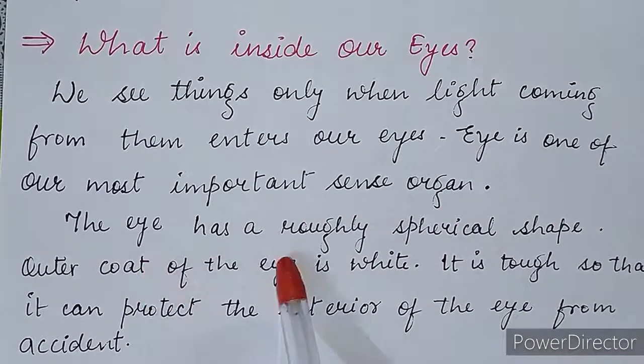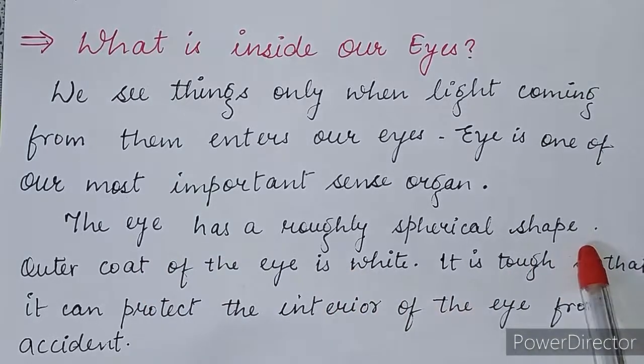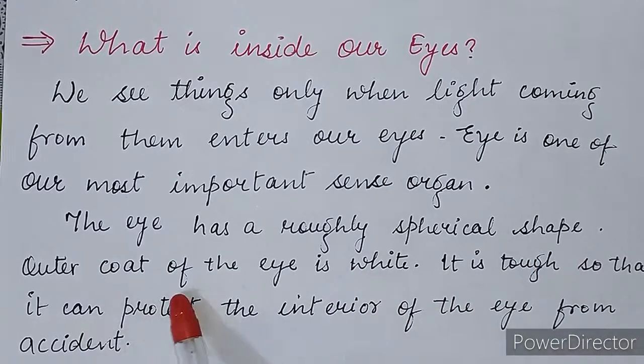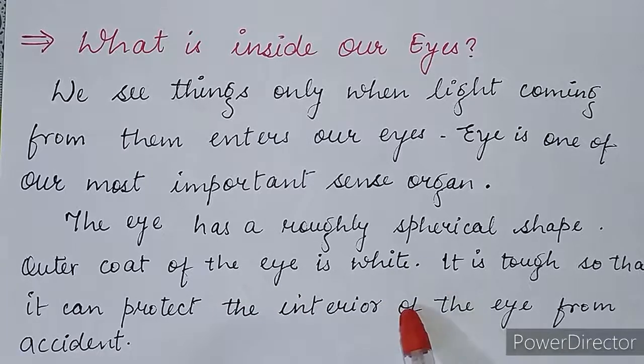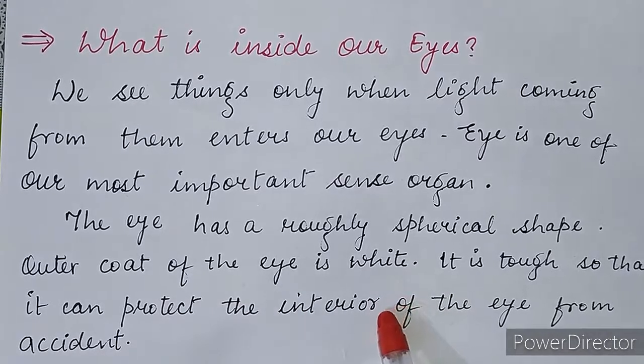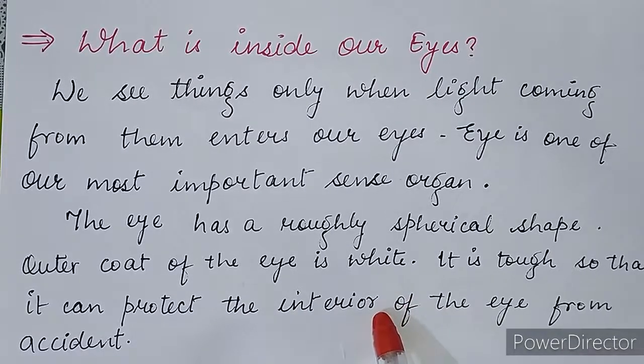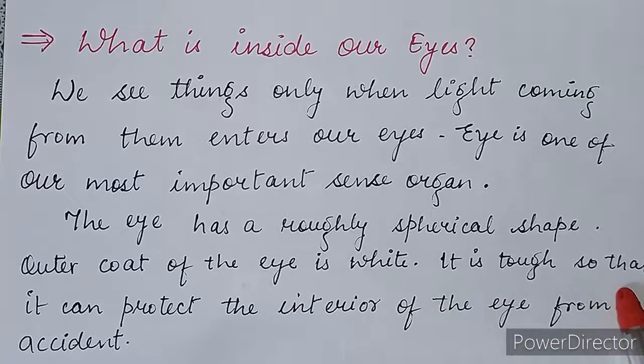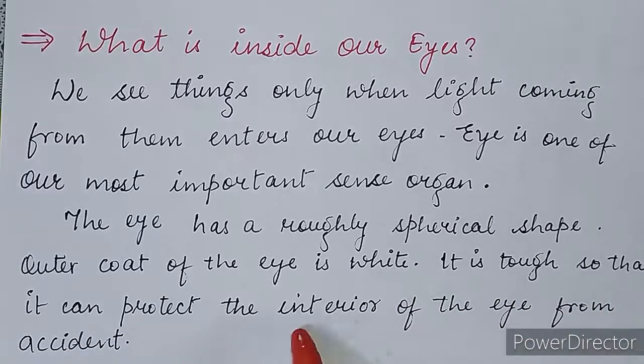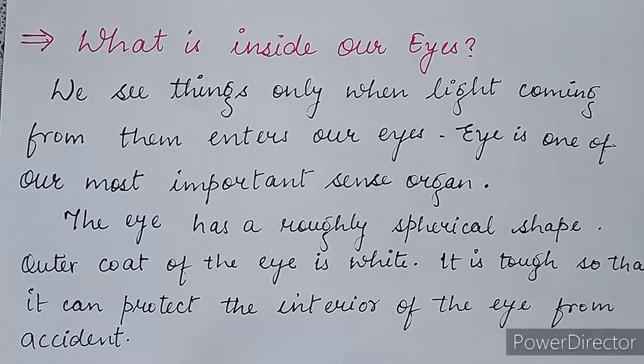The eye has a roughly spherical shape. The outer coat of the eye is white. You can all see the white portion of our eye. It is tough so that it can protect the interior of the eye from an accident.